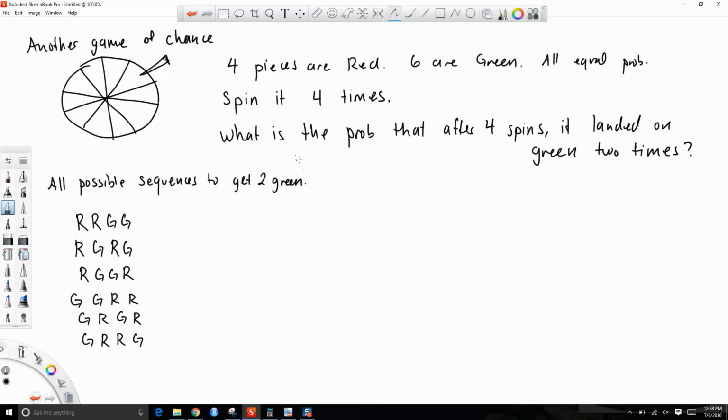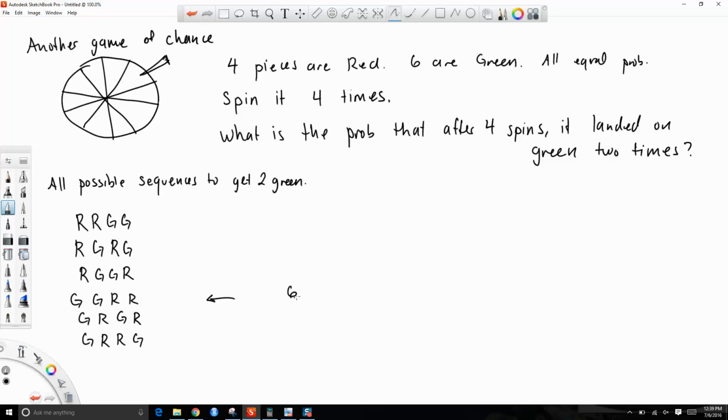What is the probability of this first sequence, or any of the sequences, really? Let's look at green, green, red, red. What's the probability that we get green? 6 out of 10, right?